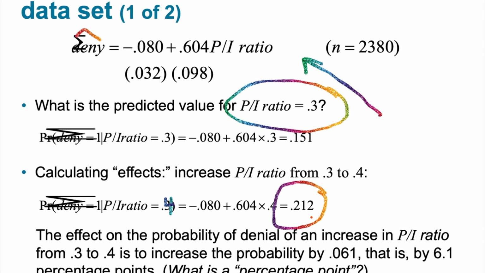We can take the difference, and the effect on the probability of denial of an increase in the PI ratio from 0.3 to 0.4 is to increase the predicted probability by 0.061, or 6.1 percentage points. So we increase the probability of denial by 6.1 percentage points if the payment to income ratio increases from 0.3 to 0.4.